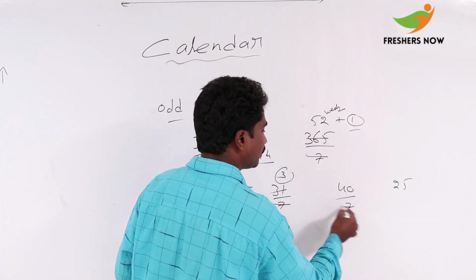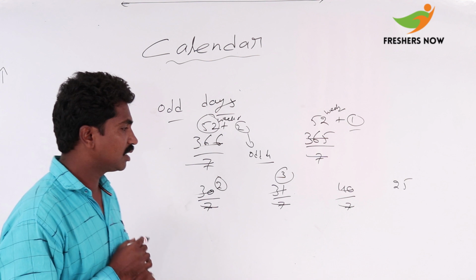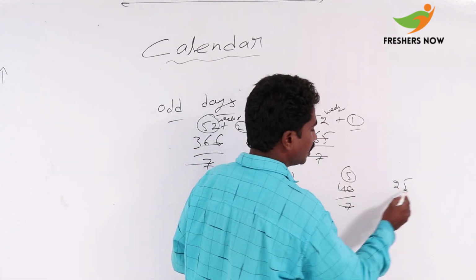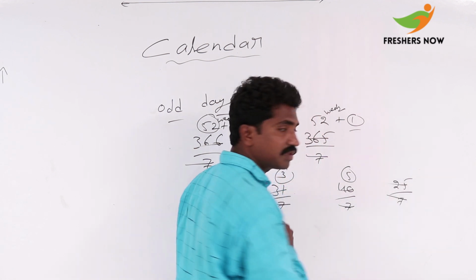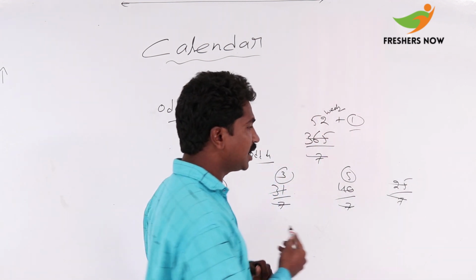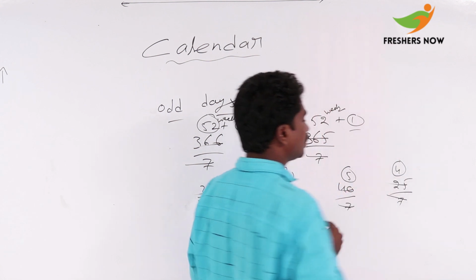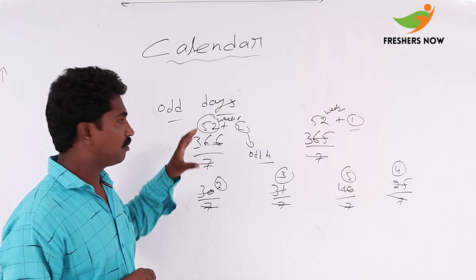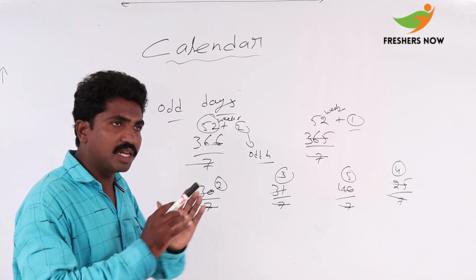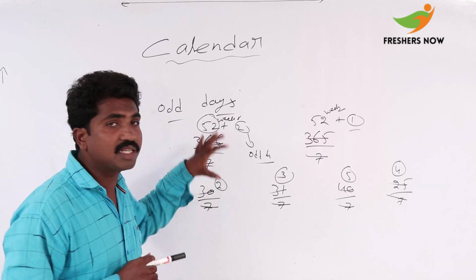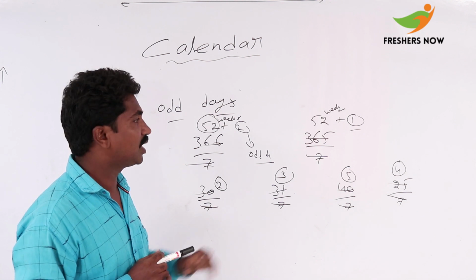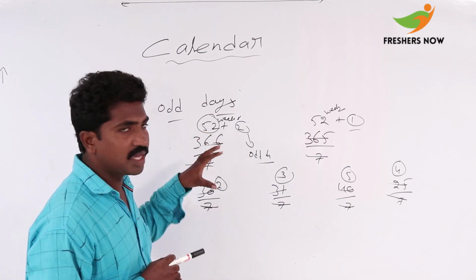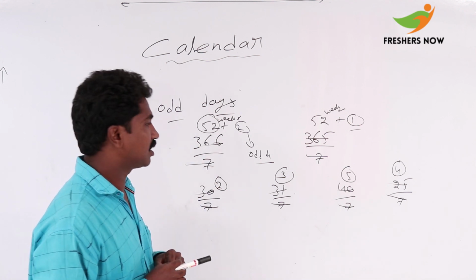If you take 40, 7 fives are 35, remaining 5. It has 5 odd days. If you take 25, 7 threes are 21, remaining 4. It has 4 odd days. So we get odd days by dividing all the days into weeks, and the remaining days are odd days. These odd days are very important to find the original calendar or a duplicate calendar. Odd days play an important role in the calendar.